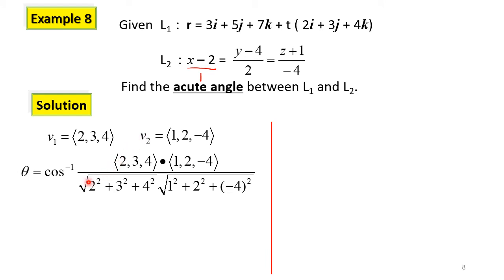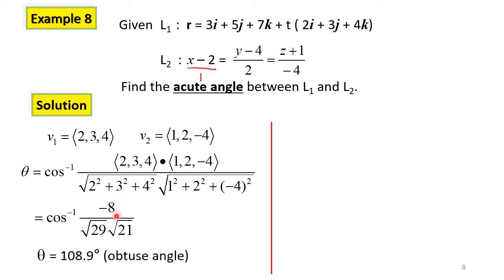Then we substitute into our equation to find the angle. We notice that the dot product is negative, so with that we will get the obtuse angle. Your calculator will give the answer as an obtuse angle, that is greater than 90 degrees.